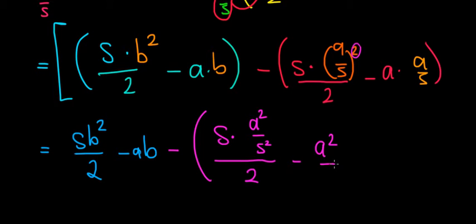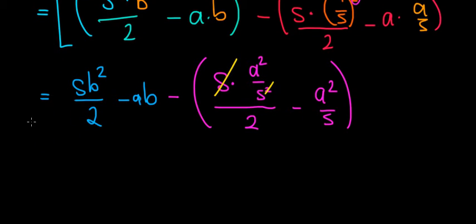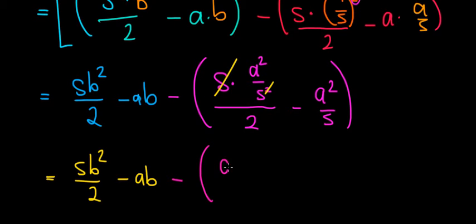That's a squared divided by s. Now we cancel out some terms, so s and s squared cancel out, and we're left with the following. We have now s times b squared divided by 2 minus a times b, and in the other term we have minus a squared divided by s divided by 2. We could just write it as a squared divided by 2s minus a squared over s.